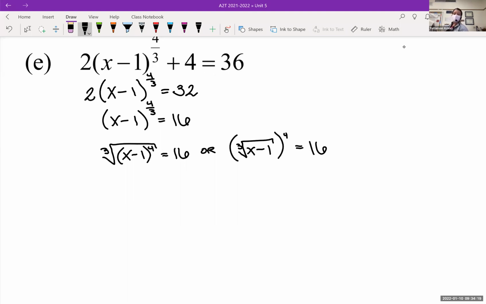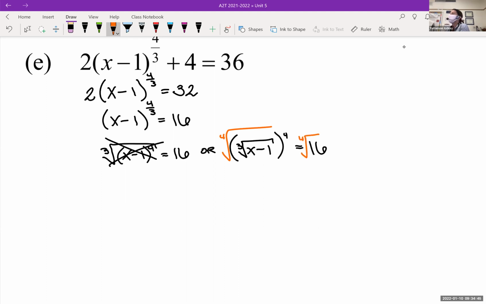Yeah, since our equation equals 16, and 16 does break down evenly if we take the 4th root, that might be the better route than cubing 16. However, this is all personal preference, okay? Regardless of which one you choose, you should get the same answer. All right, so let's do the 4th root first.